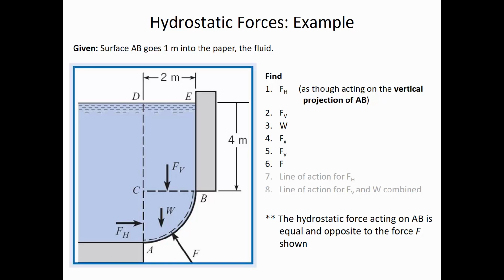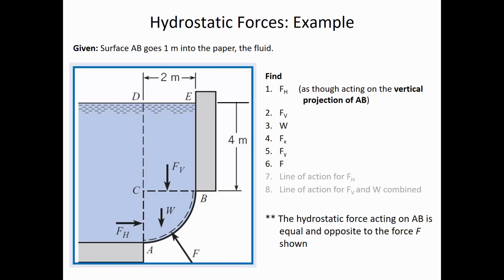Okay, and that is A, B, C. The way that we calculate those is pretty easy. It's the force is the weight of the water. And that's only talking about the vertical force. And so it would be the volume times gamma. Okay, so that's how we get our vertical forces.